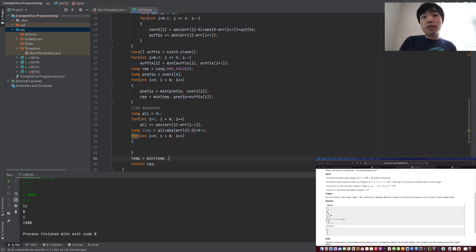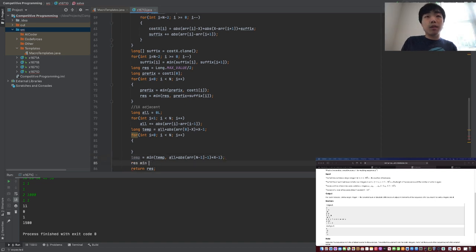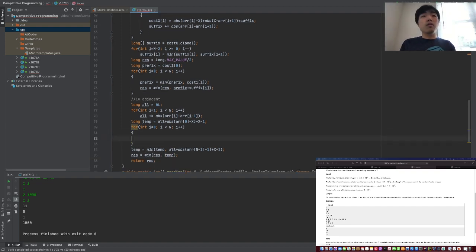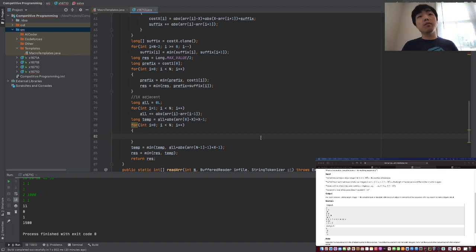Temp is equal to min of temp itself, and then we do all plus absolute value at array n minus 1 plus x minus 1. Res is equal to min of itself and temp. And this is where we do all of the in-between values basically. In other words, this is right before this value over here.